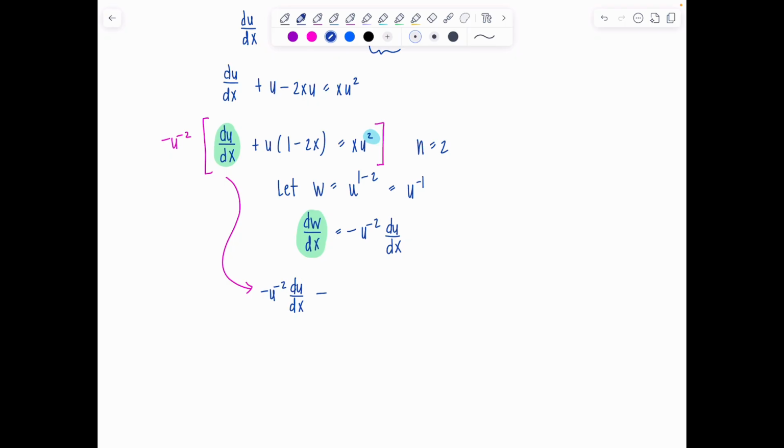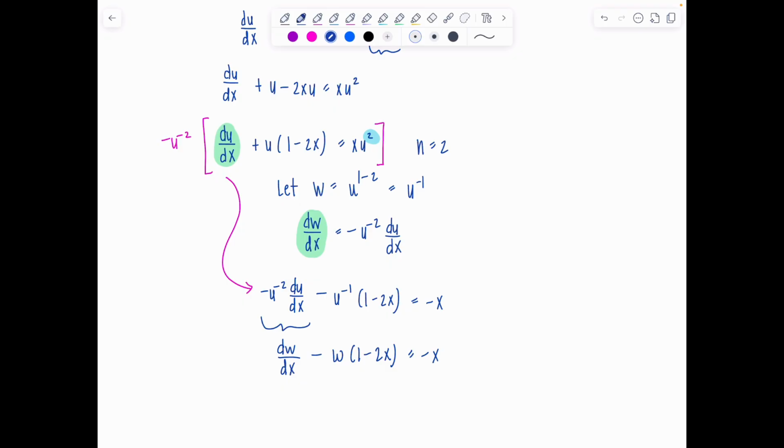This will be minus u to the negative first times 1 minus 2x equals negative x. So then, yep, this is dw/dx minus, excuse me, w times 1 minus 2x equals negative x. Whew! Okay, so now it's linear in w.